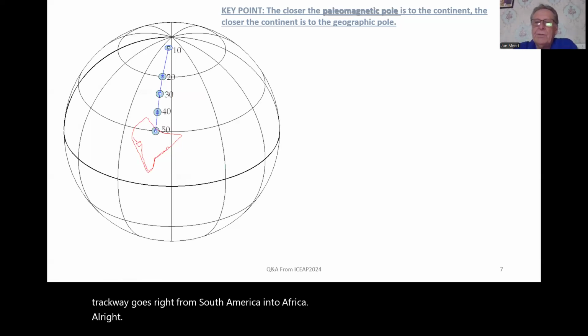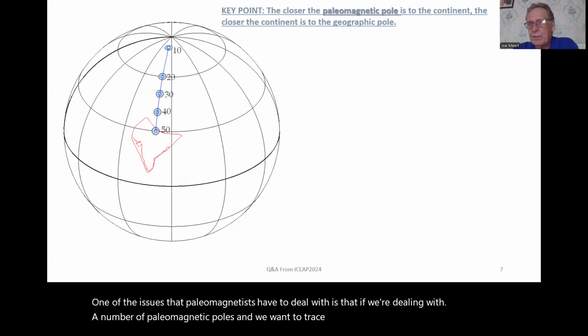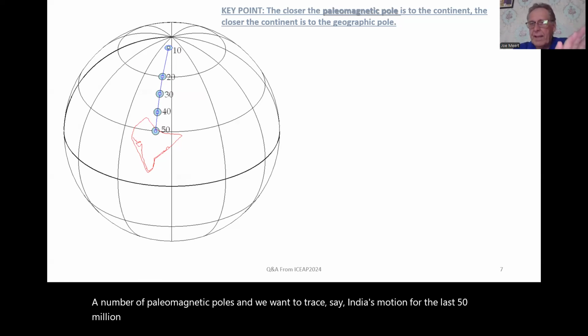One of the issues that paleomagnetists have to deal with is that if we're dealing with a number of paleomagnetic poles and we want to trace, say, India's motion for the last 50 million years, and this is a hypothetical situation. These are not real data, but they're used to illustrate my point.